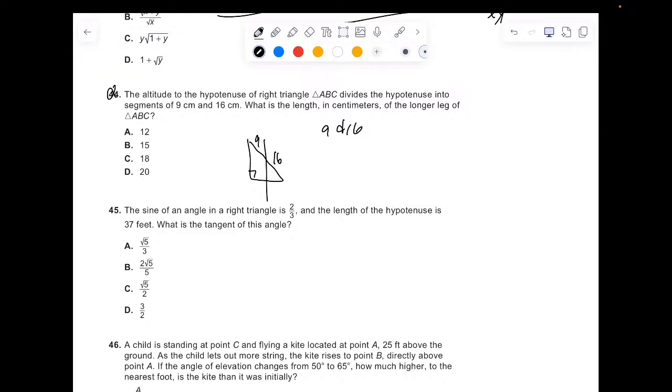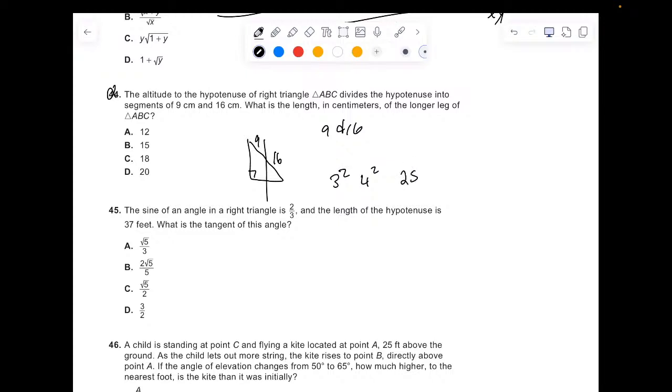Okay. What is the side of the longer leg? I'm just going to guess and say I see 9 and 16. So that is 3 squared, 4 squared. Does that help in any way? Not really. I was hoping for a nice Pythagorean triple. So I'll just go with, let's see, six.